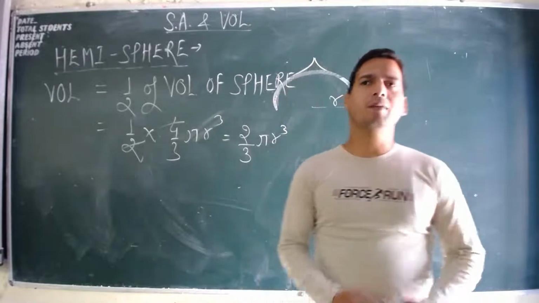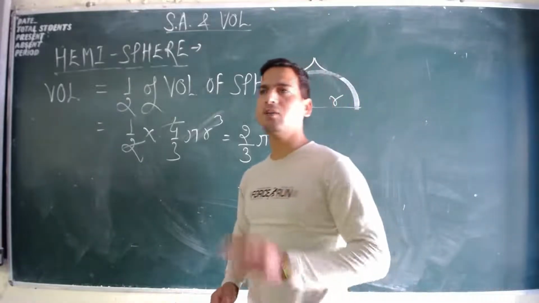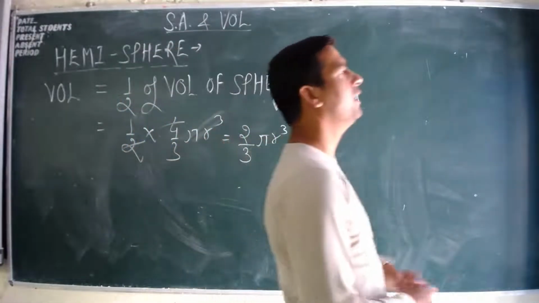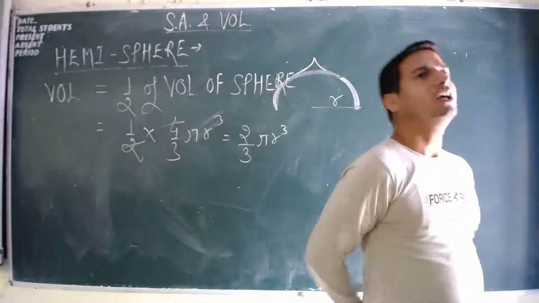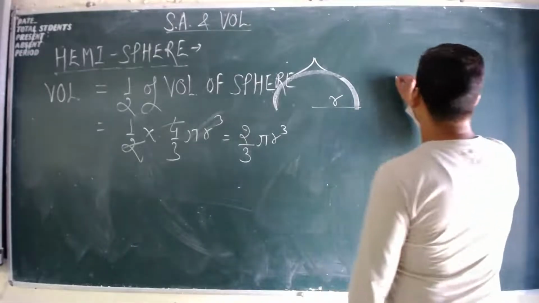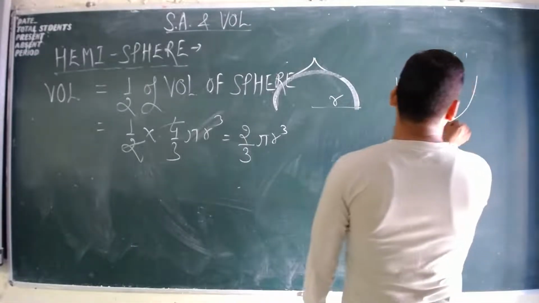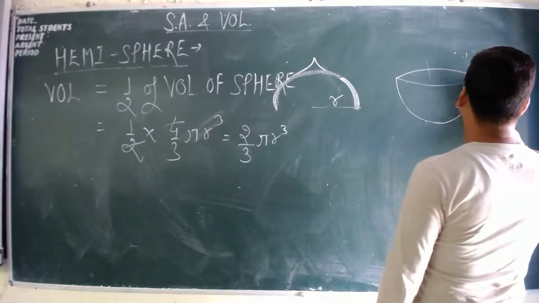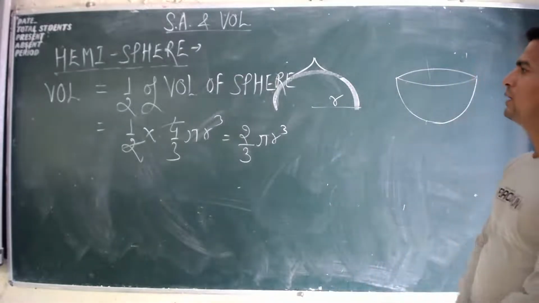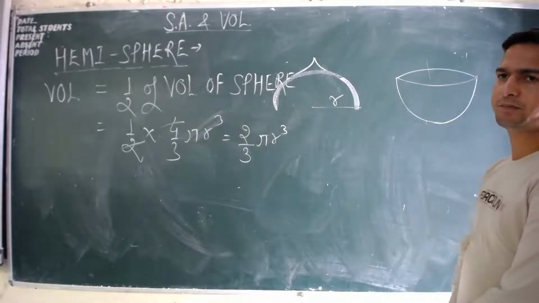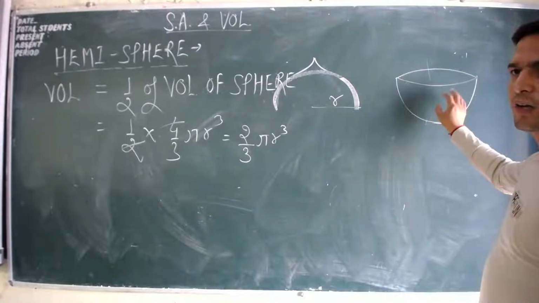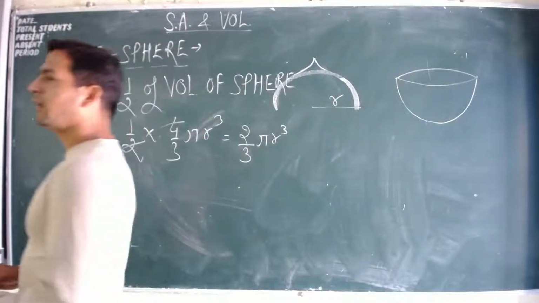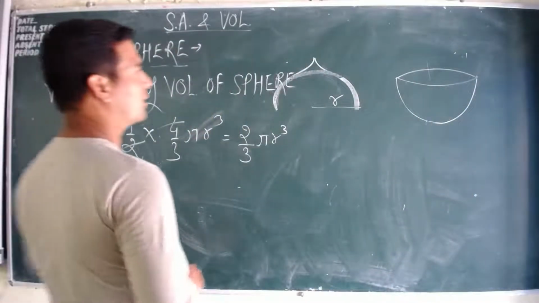So tell me, if the hemisphere has a top or bottom surface, then definitely it will have a curved surface area. So in case of hemisphere, this is the actual figure of hemisphere. This is the reverse of hemisphere. Now tell me the top surface of hemisphere.